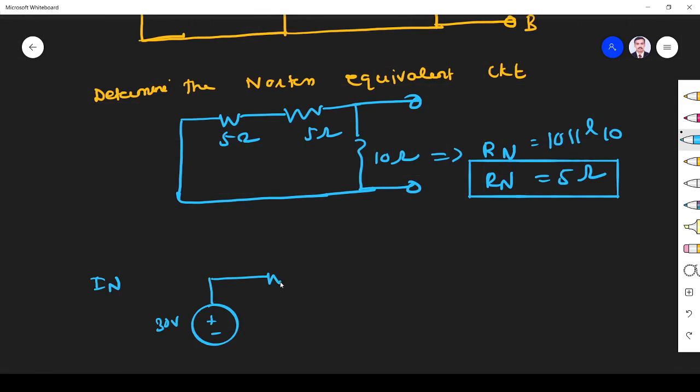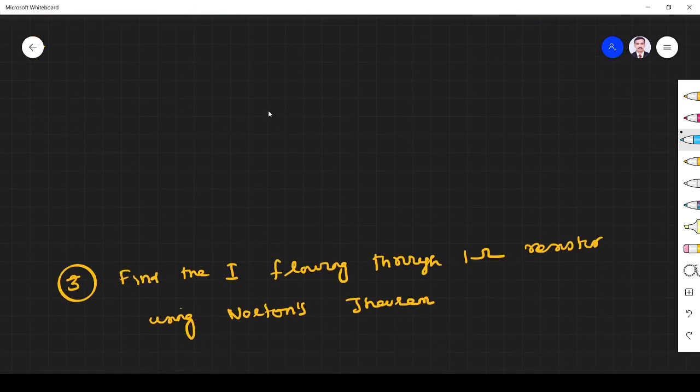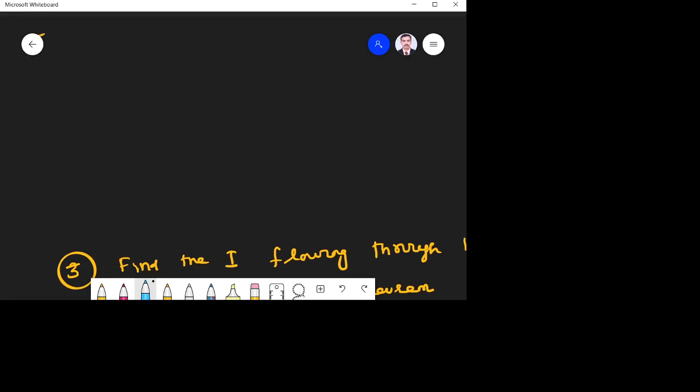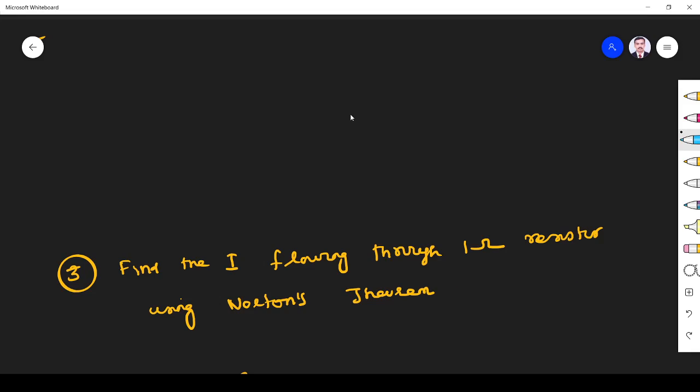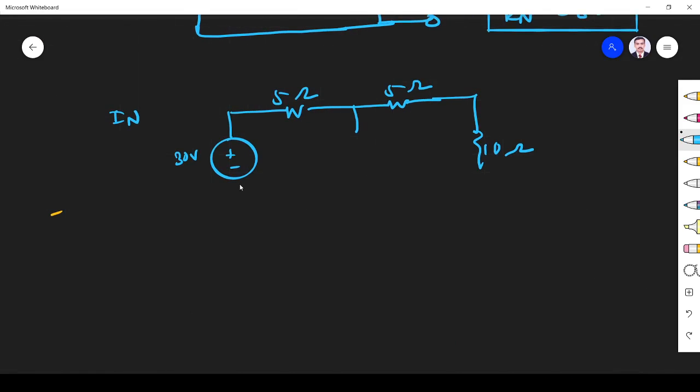This is 5 ohm, this is 5 ohm, here we have 10 ohm. Here we have a 5 ampere current source, going like this.